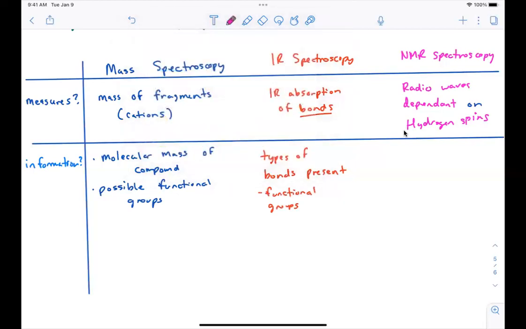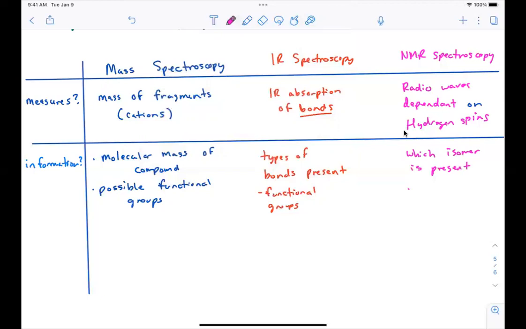NMR spectroscopy tells you which isomer is present. So the point of NMR spectroscopy is to tell you, okay, I know the formula, but based on NMR, I can tell you which structure is the correct structure for this, and where which bonds are.